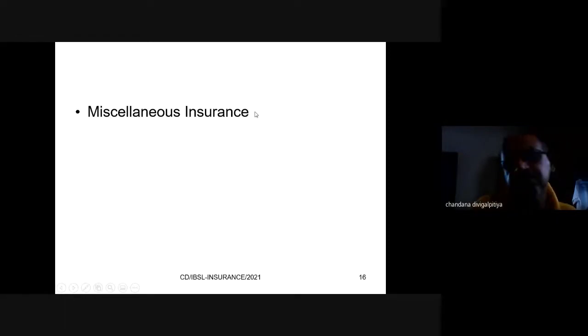This is a vast majority of area which covers machinery, surgical, and computer insurance, etc.